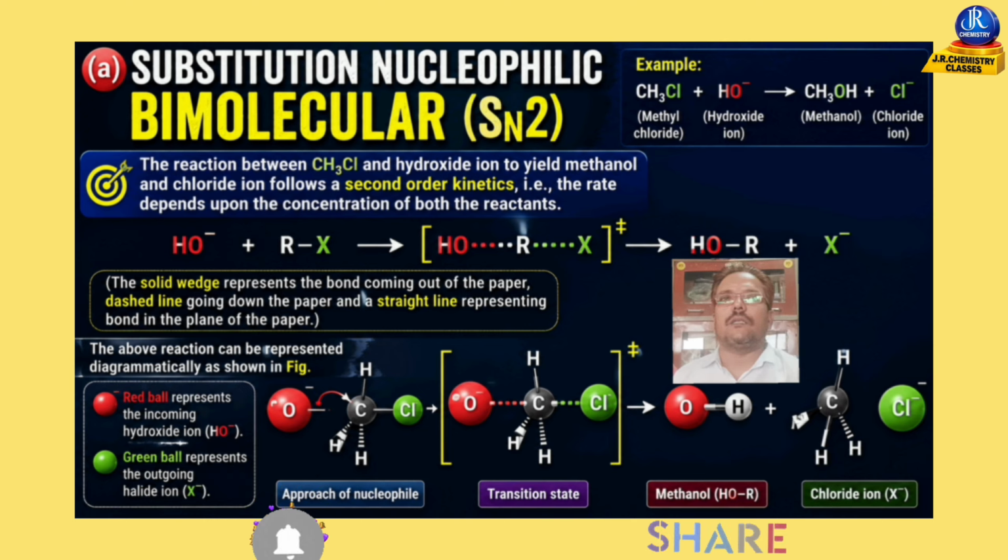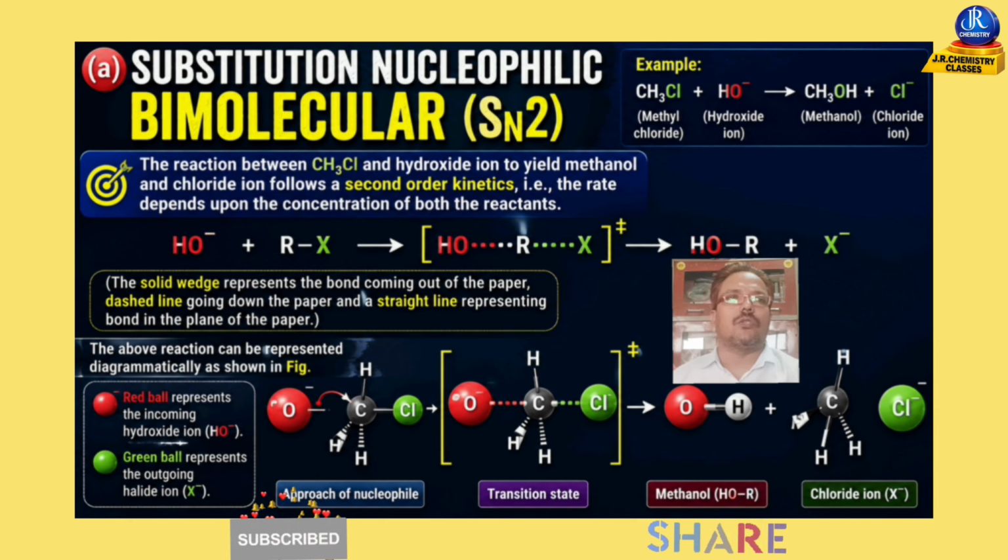OH minus nucleophile reacts with RX substrate, forms the HO-R-X transition state, and then HO-R product with X minus halide ion.